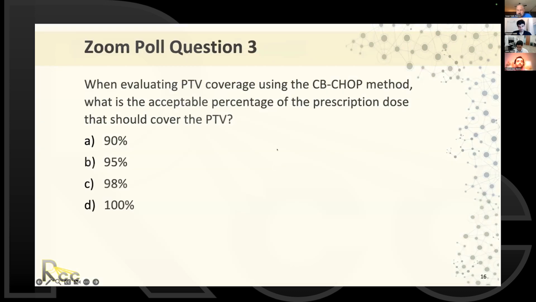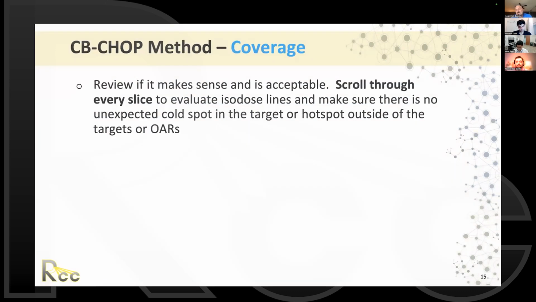So we always make sure that we review the coverage and that it makes sense and is acceptable. As we explained, and Malik Nauman did a good job on the concept of reviewing contours in every slice in the 3D plane, the same applies to coverage: you need to scroll through every slice, because things might happen. Especially for head and neck, where we're avoiding so many critical organs, the dose needs to go somewhere.